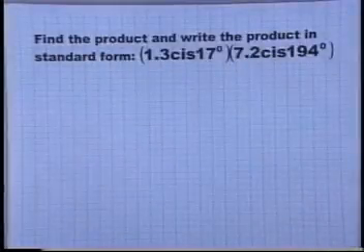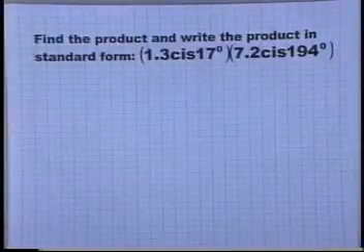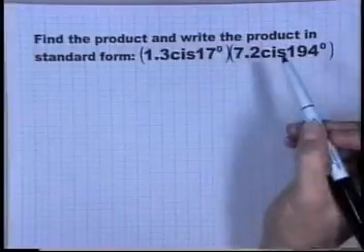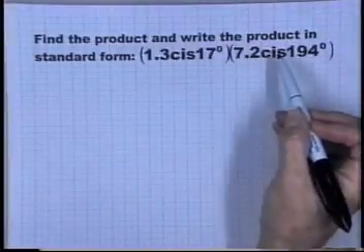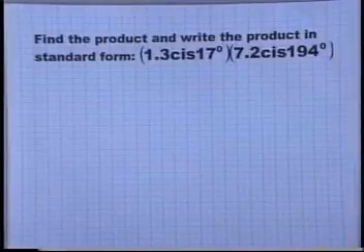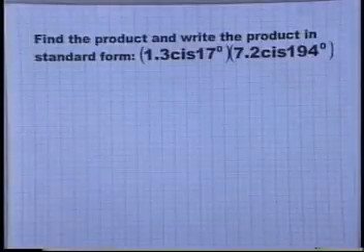Here's another problem. Find the product and write the product in standard form. 1.3 times cosine plus I sine 17 degrees times 7.2 cosine plus I sine 194 degrees. Now, I'm going to use my calculator to help me to do this multiplication since it's not as easy to do in my head.